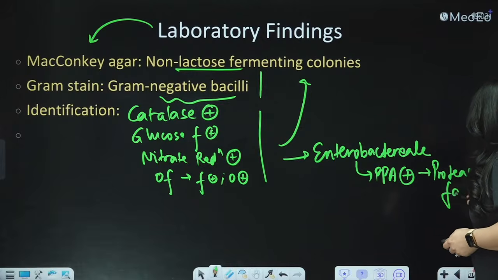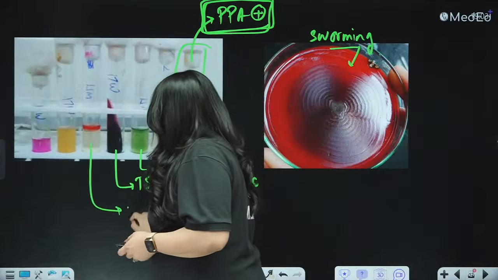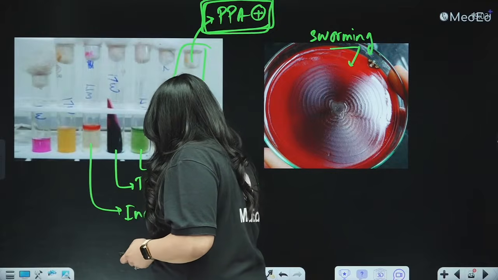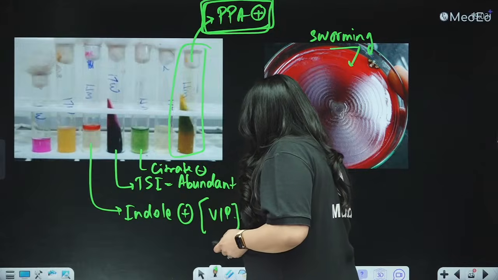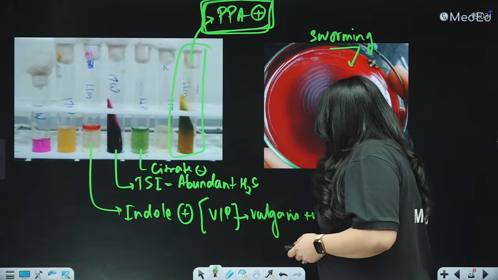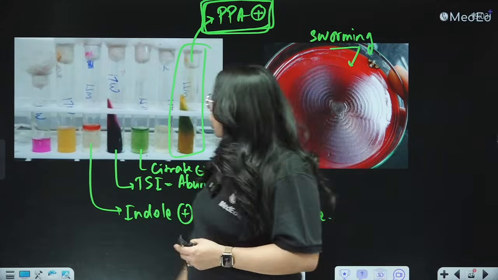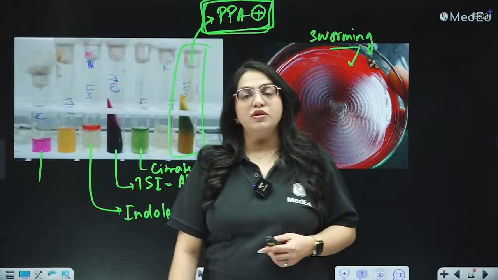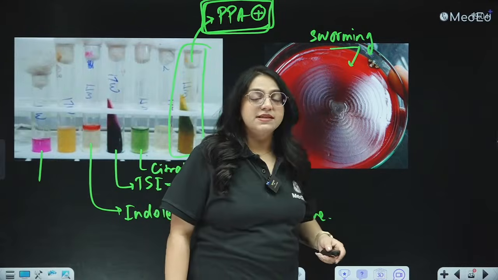I have also now seen the swarming, and you see indole positivity, indole positive. So you remember the mnemonic VIP, vulgaris is indole positive. So I think it is Proteus vulgaris. Urease is also positive, which is also a feature of the Proteae family. And of course, you can see the swarming of the Proteus.